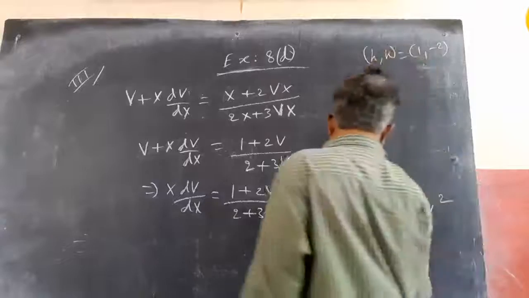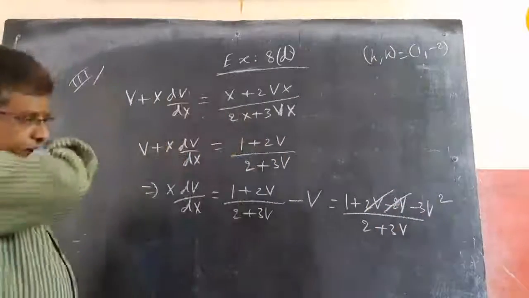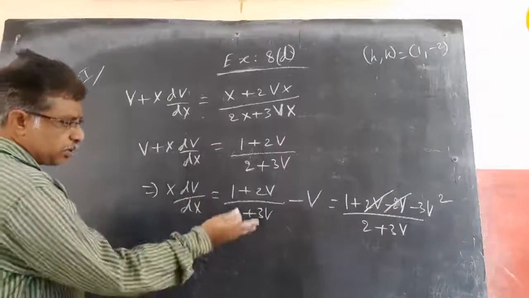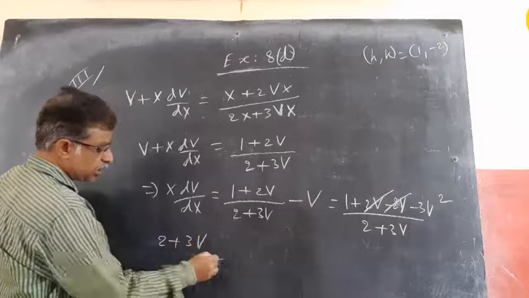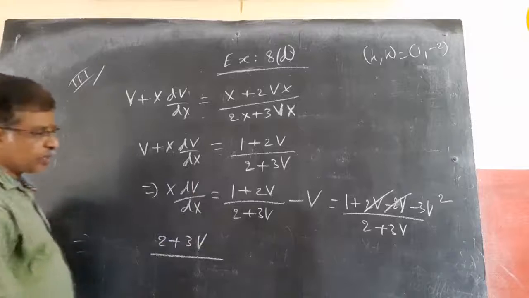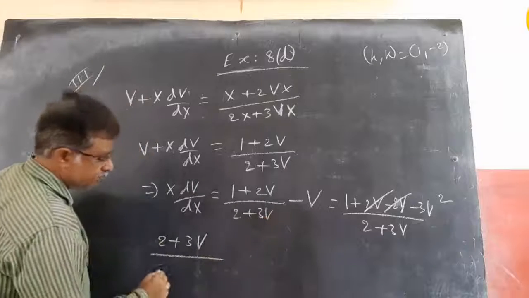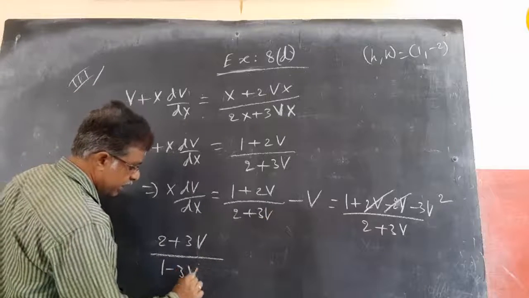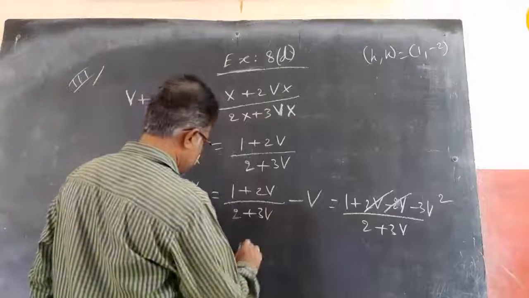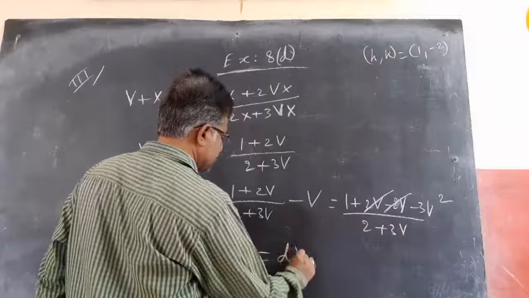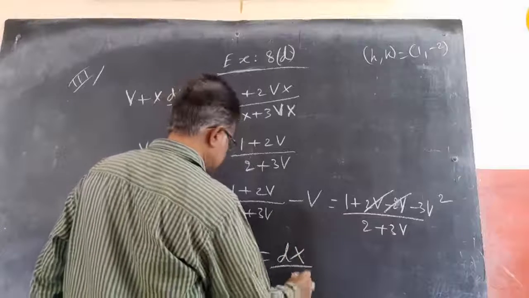The 2v cancel. Now variable separable. So automatically this becomes 2 plus 3v by 1 minus 3v square dv equal to dx by x.